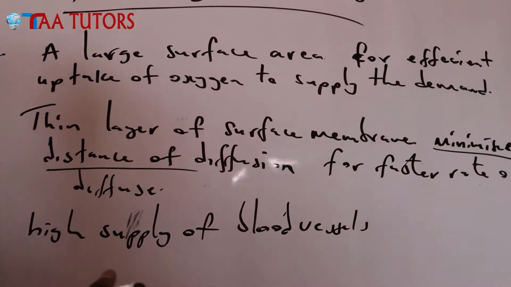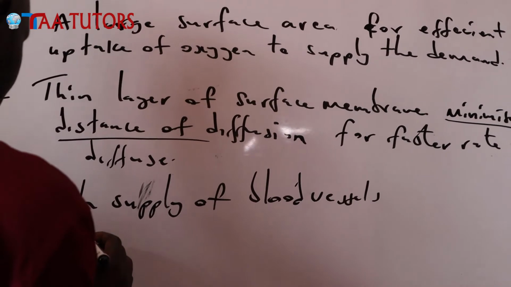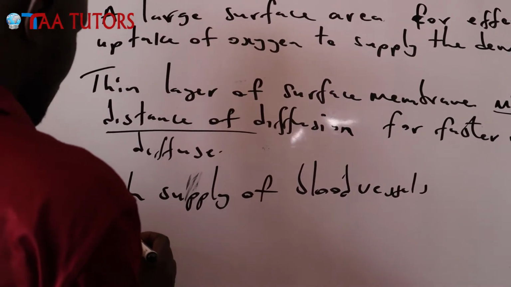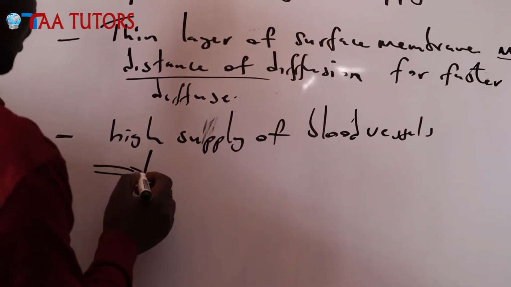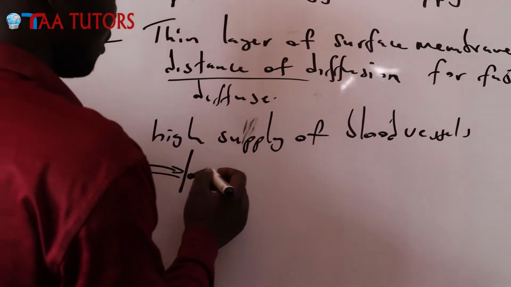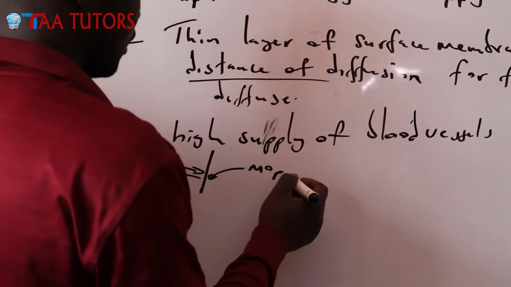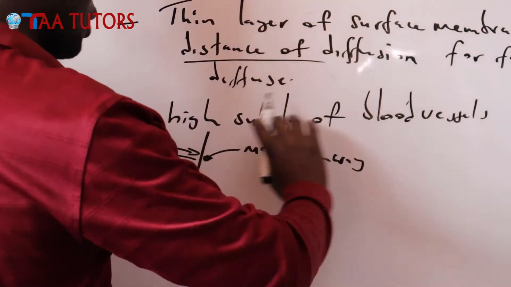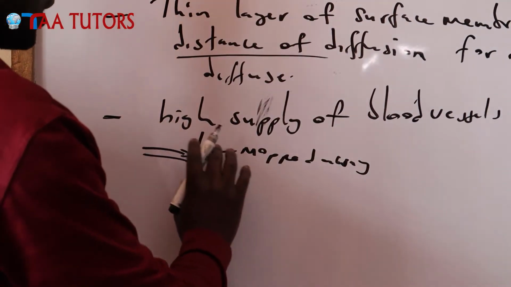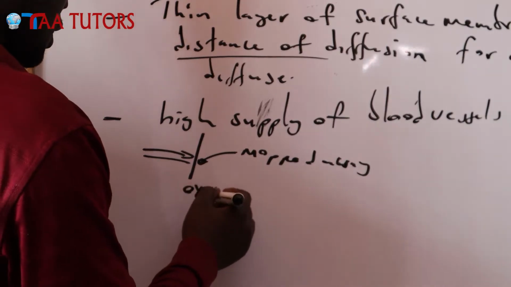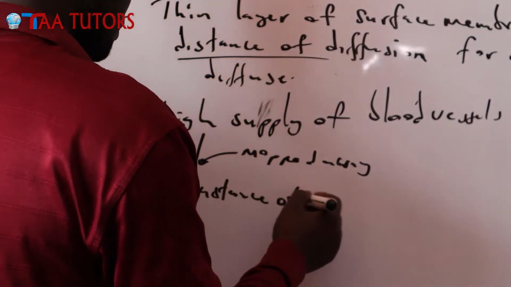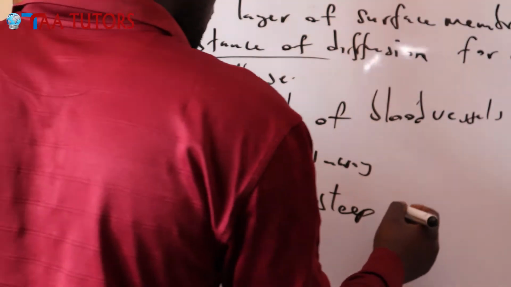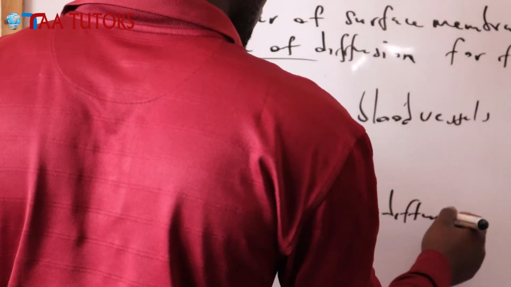Like for example, if this is the oxygen coming in and this is the membrane, there are a lot of blood vessels here. So when that oxygen immediately diffuses here, it is mopped away, so that there is always a continuous flow of oxygen in, due to the existence of a steep diffusion gradient.